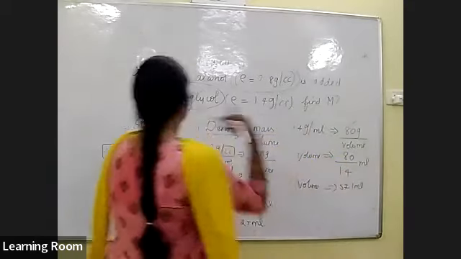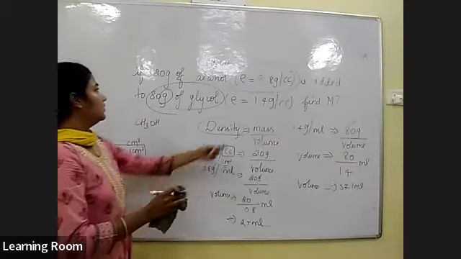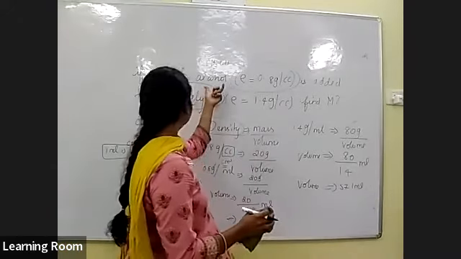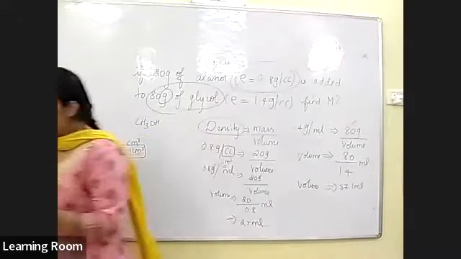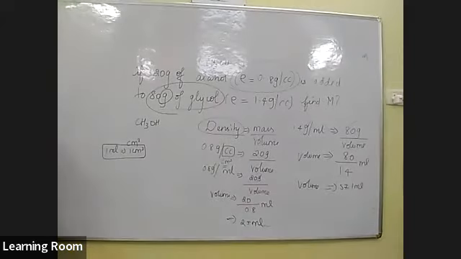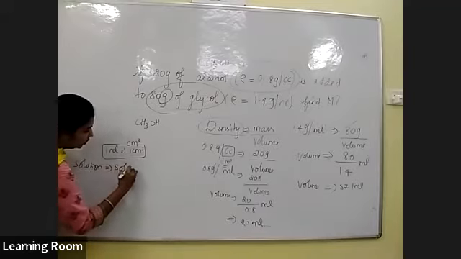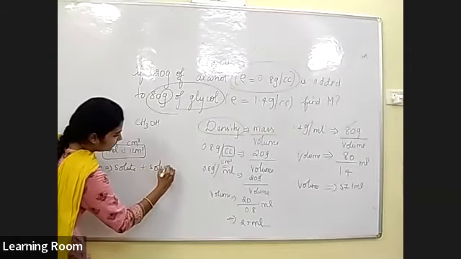So here we have taken this alcohol and glycol, our solute and solvent. Now we want the total volume. Solution is equal to solute plus solvent.